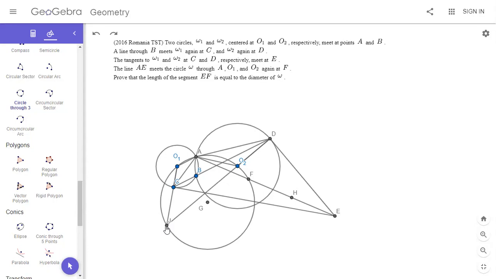So let's say we prove that too, because I think that's also an angle chase. Now, let's see. Can we show O1F is parallel to CE?